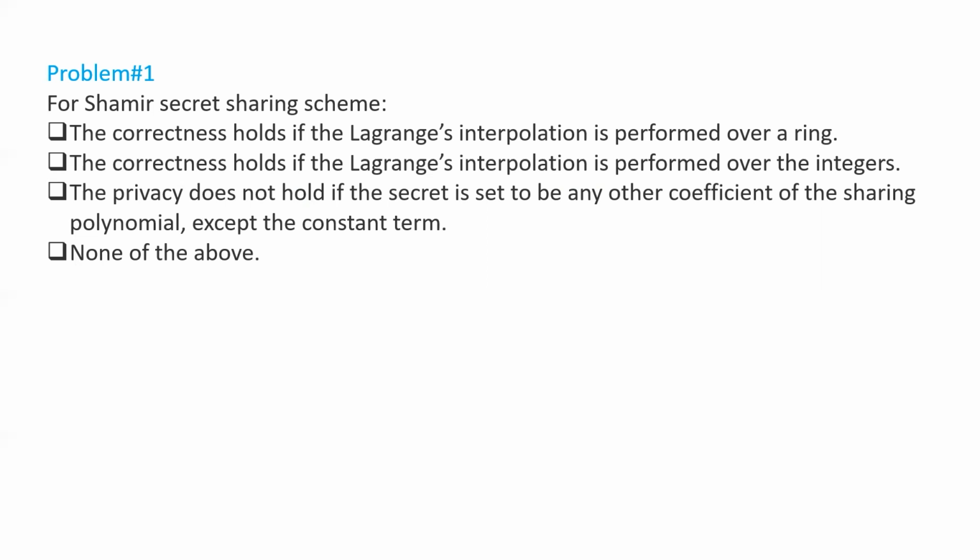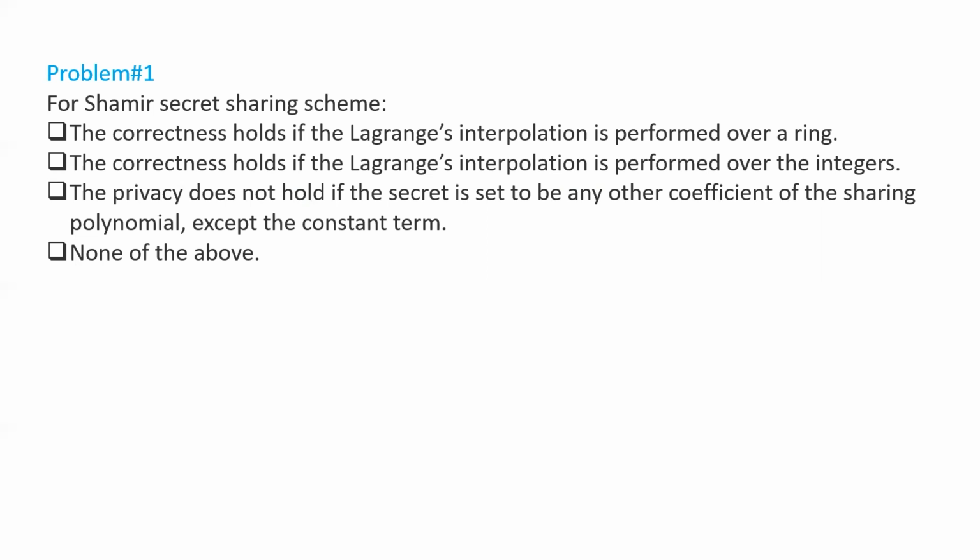Each of the N parties has some individual share, and any T of them, when they combine their individual shares, should be correctly combined into the original secret S. So they should be able to reconstruct the secret S. If they are able to reconstruct correctly, then we say that the correctness holds for that scheme. With Lagrange interpolation performed over a field, the correctness of Shamir's secret sharing scheme indeed holds. So the first two statements are wrong.